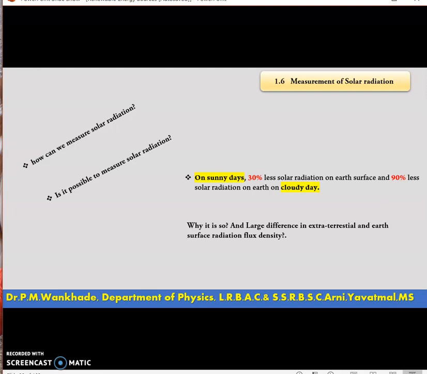As a result, the direct radiation reaching the Earth's surface never exceeds 80% of the original extraterrestrial energy flux, or more appropriately 70%.